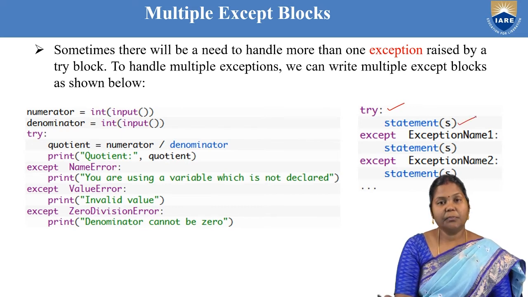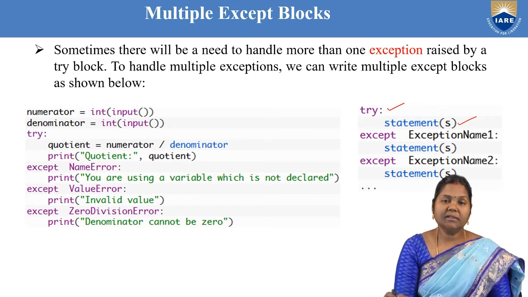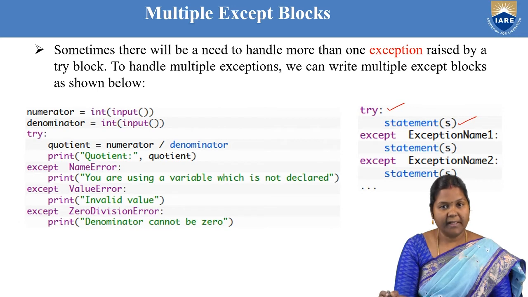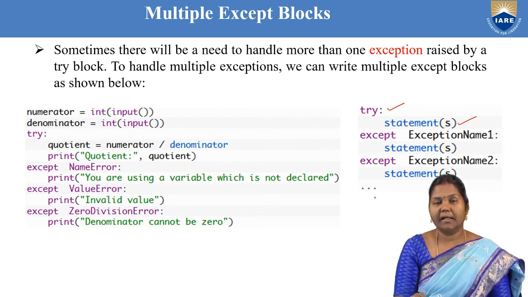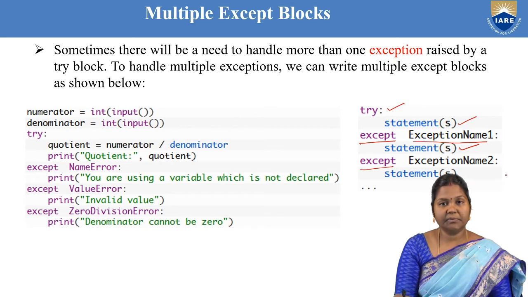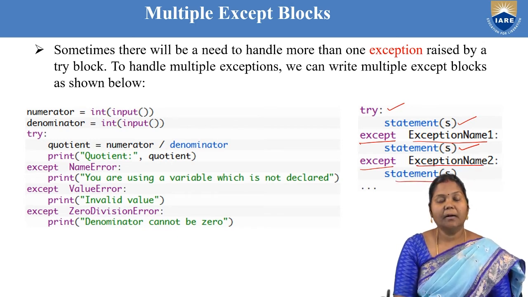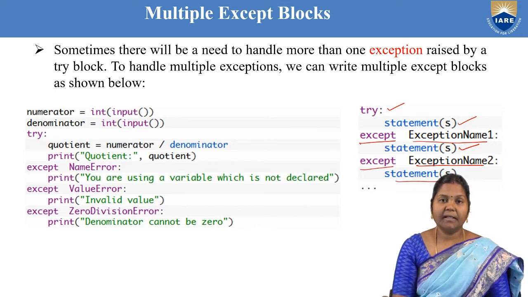Inside this, we are writing the program logic, a number of statements for our program. Now, if this code raises multiple exceptions, we can handle each one separately by writing an except block. You can see except, then the first type of exception, if it occurs, what it has to do. Then if the second type of exception occurs, what it has to do. Like that, you can write multiple except blocks in a program.